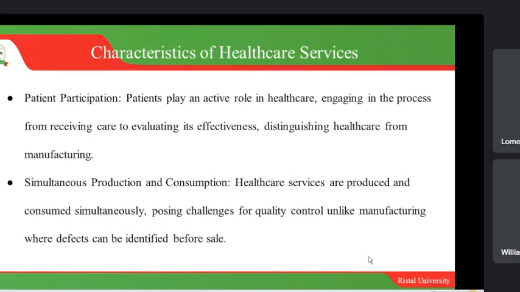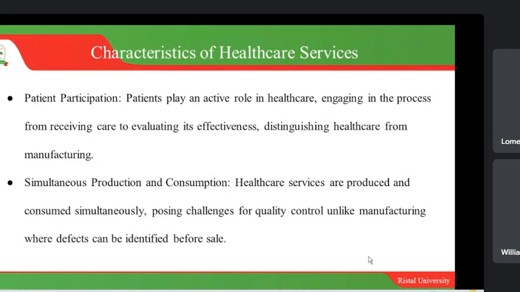Characteristic number two is what we call simultaneous production and consumption. And we are saying healthcare services are produced and consumed simultaneously. And this, of course, is going to pose a challenge in terms of quality control, unlike in the manufacturing sector, where defects can be identified before sale.